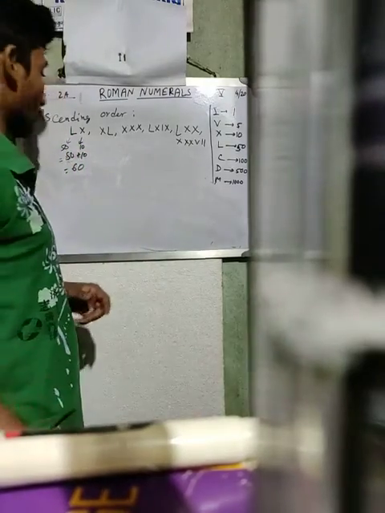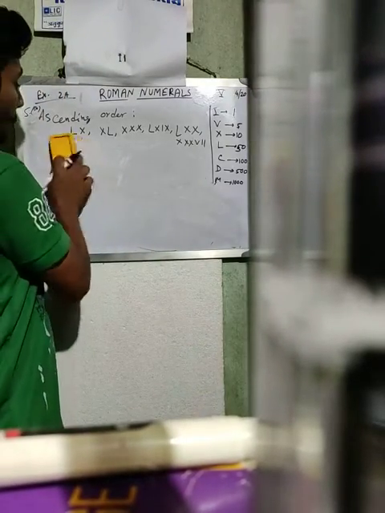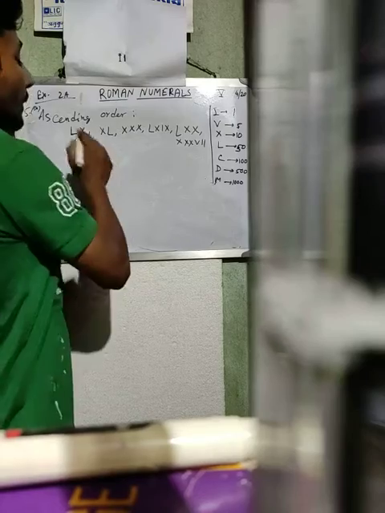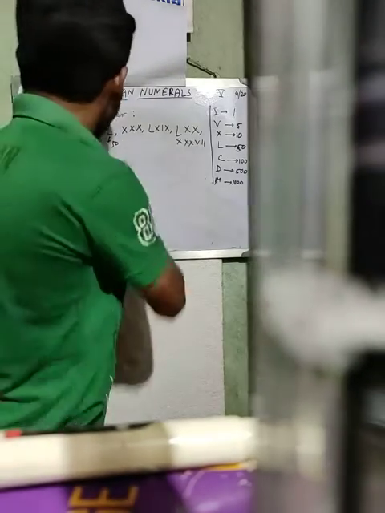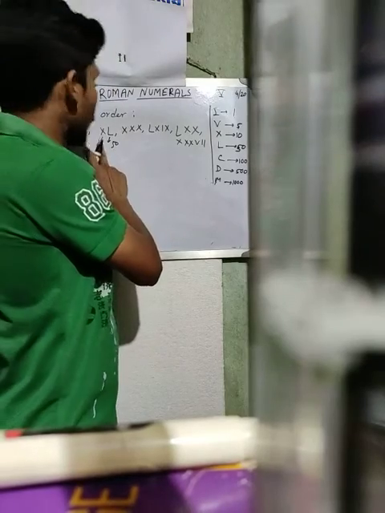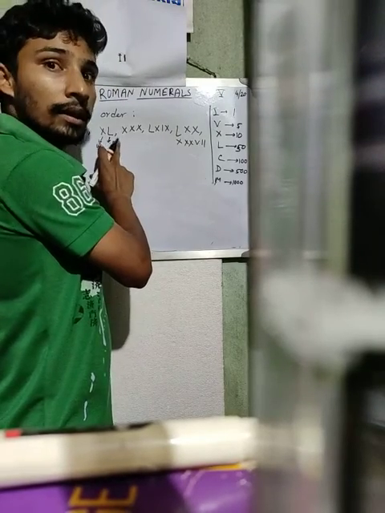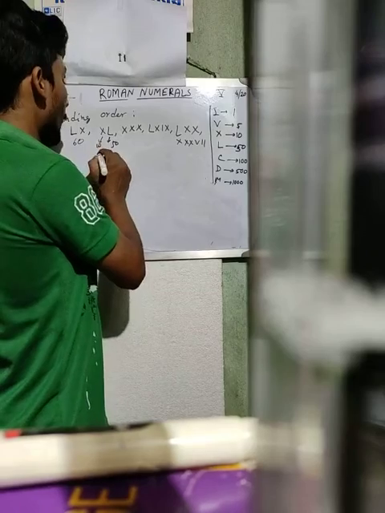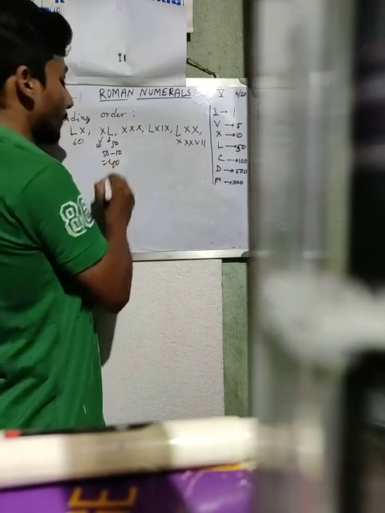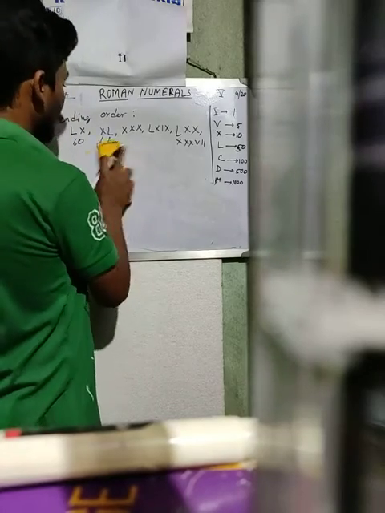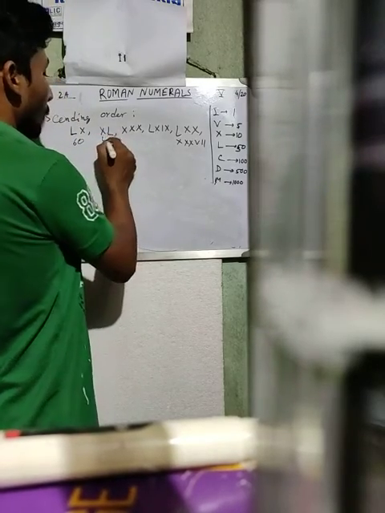Rule number 2. So LX means 60. Now XL. X means 10, L means 50. That means the smaller one is placed at the left side of the larger one. Then it will be subtracted from the larger one. The value is 40.